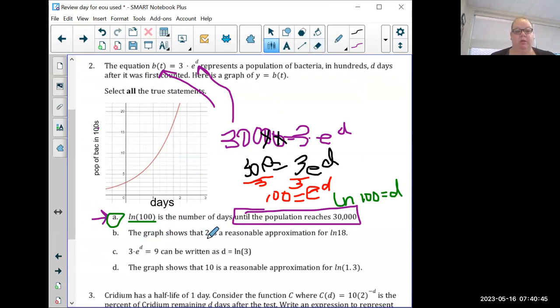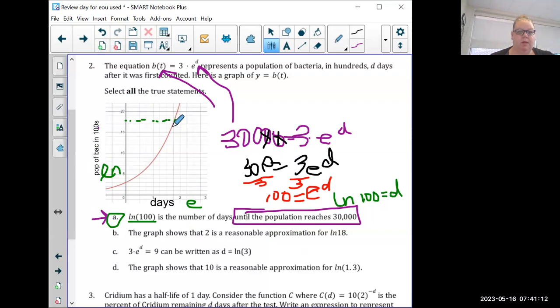So for B, the graph shows that 2 is a reasonable approximation for ln 18. Now that we just did that, we can understand that this is talking about the E, and when I solve for the population, this is the ln. So this is E, this is ln, because remember we talked about that they're the opposite of each other. So for ln 18, we go up here to ln 18 and read it across the graph.